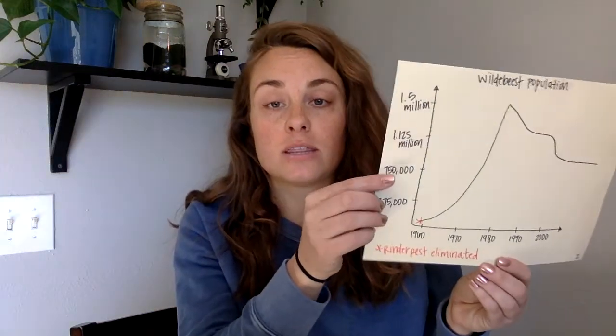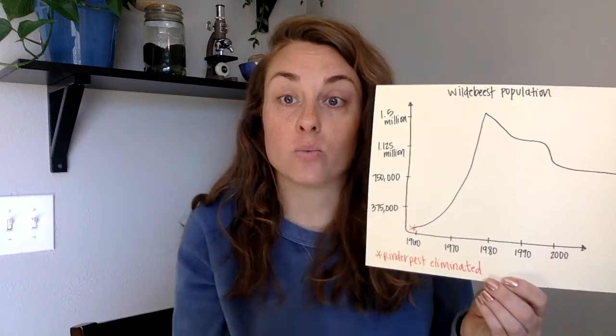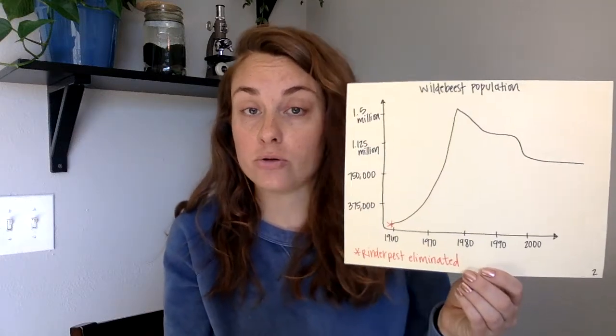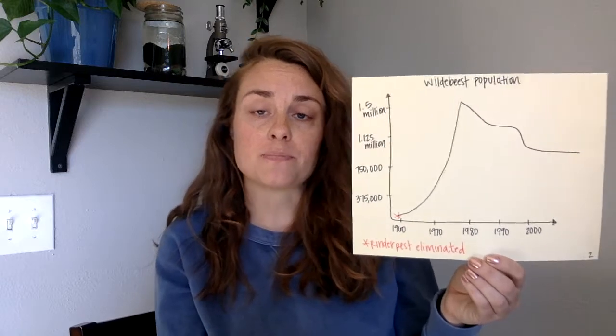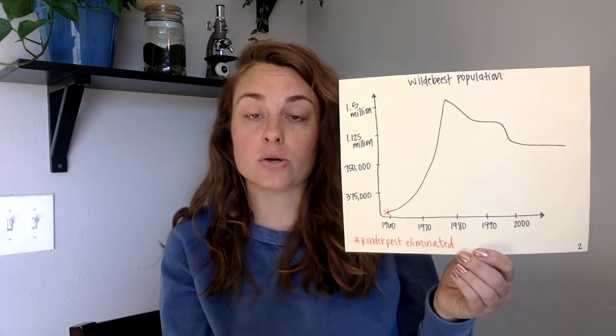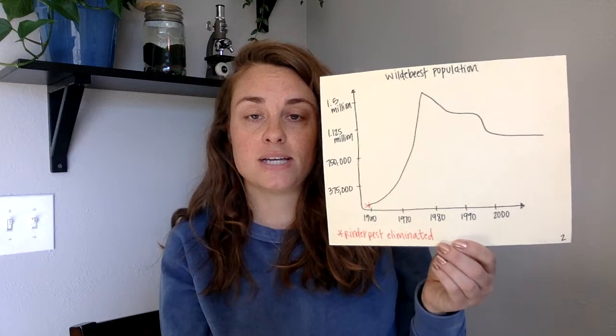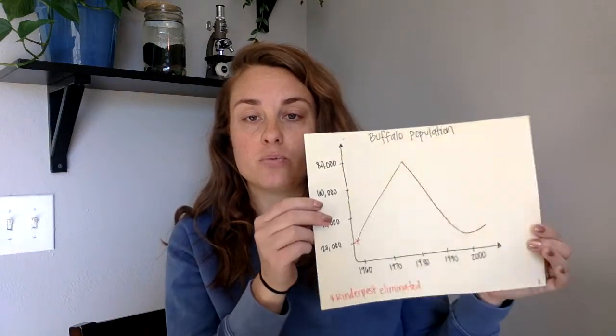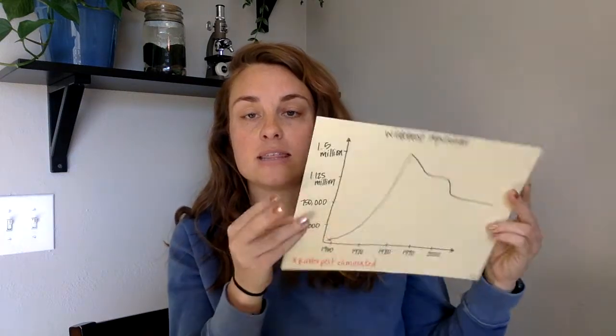And then we also looked at the wildebeest population and saw that the wildebeest also experienced a huge population increase, and even a bigger one. So one of the things I want to point out to you is that the buffalo population was between 20,000 and 80,000.